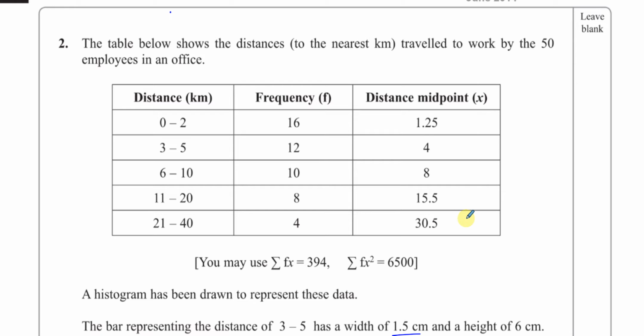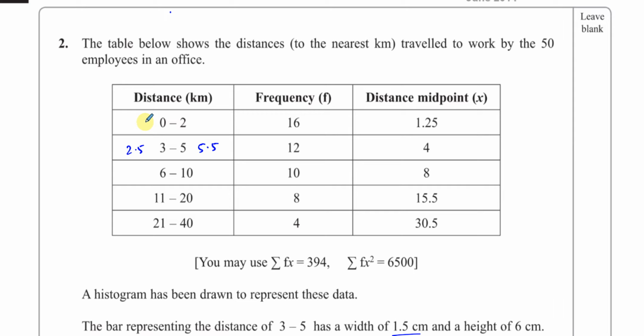One little point I would like to mention is that although we didn't use the midpoint in this question, why is the midpoint of 0 to 2 equal to 1.25? As we mentioned, this is going to be 2.5 to 5.5, so halfway between them is 4, because if you add them together and divide by 2, you get 8 over 2, which is 4. But here you can't go back half, you can't say minus 0.5.